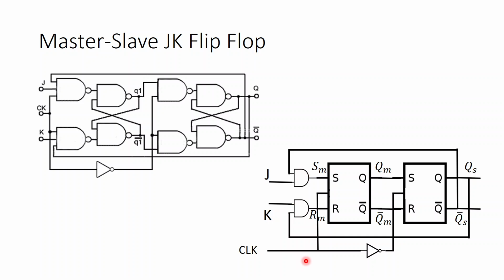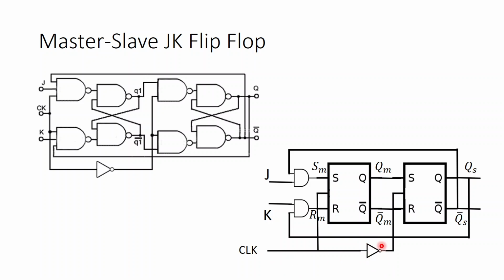The most important thing to note is that the clock is fed as level triggered. You can see that there is no triangle sign in these SR flip flops. Okay, no triangle sign is there. That means these SR flip flops are level triggered SR flip flops. Now this clock is coming here directly, that means this is positive level triggered or high level triggered.